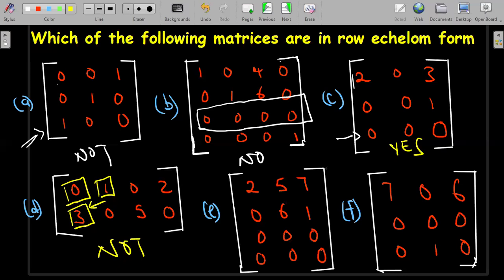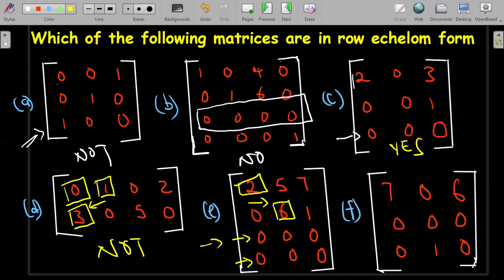So what about this one on E? On E, we have the zero rows at the bottom. That's nice. And then this one here has the pivot there, and this one also has the pivot there. So this 6 here, which is the pivot in the second row, is to the right of the pivot in the first row. So it satisfies the condition that we want.